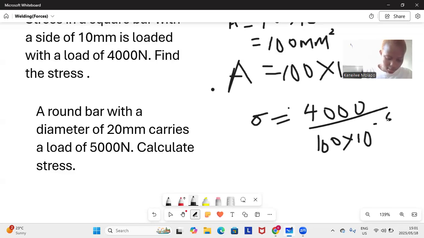100 times 10 to the power negative 6. This is 4,000 divided by 100 times 10 to the power negative 6, which gives 0.00245.